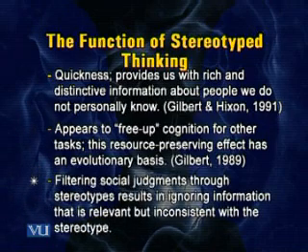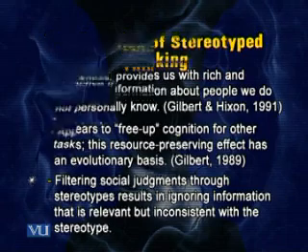When we are filtering social judgments through stereotypes, it actually results in ignoring information that is relevant but inconsistent with the stereotype. तो इसका नुकसान ये होता है कि अगर आपको ऐसी इन्फॉर्मेशन भी मिलती है which is actually inconsistent with the stereotype, जैसे मैंने अभी ज्यू की नाइसनेस की मिसाल दी, तो we just ignore that information which is actually relevant, but we ignore it because it is inconsistent with our stereotype.